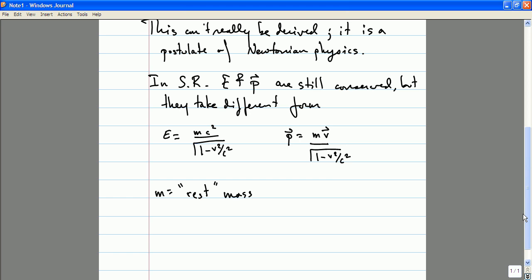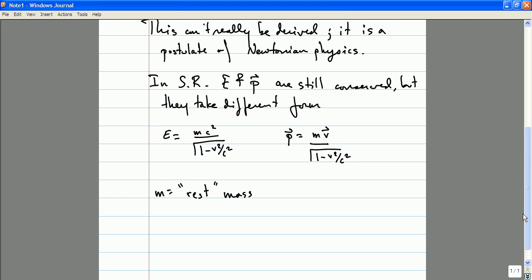Yes. Good question. Yes? I'm slightly confused with what you said here. You said m is rest mass, but energy and momentum are as measured in. These are the energy and momentum as measured in some frame where the particle has velocity v. And m is a parameter that describes the properties of this object, which we call the rest mass. And what is the rest mass?